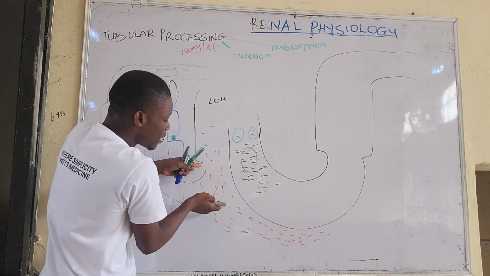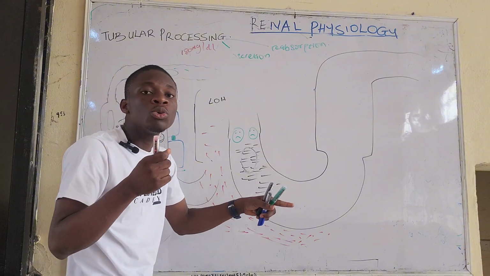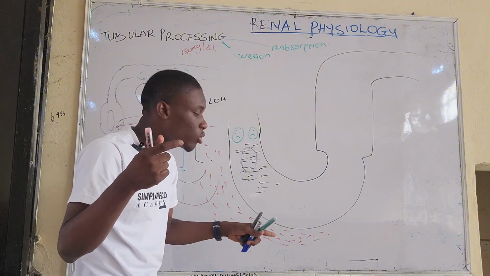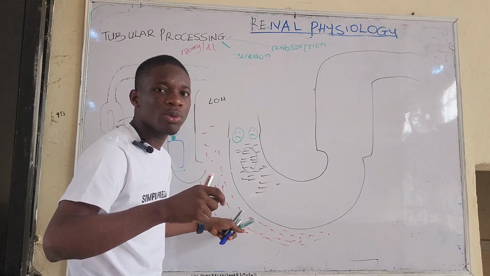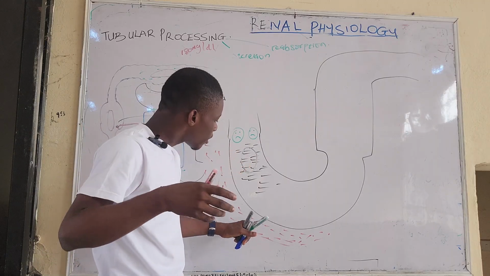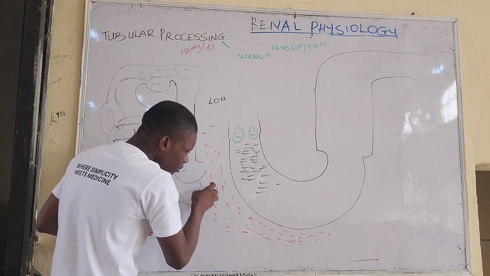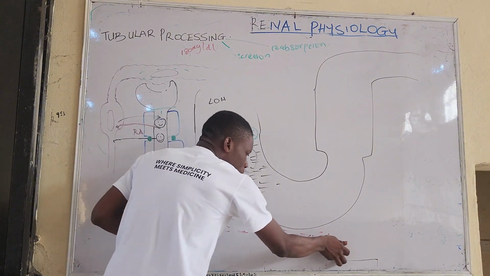So this place is highly concentrated, because when we look at the last part of urine formation, which is urine concentration and dilution, this part we'll use a lot because this is the concept of countercurrent mechanisms. Are you following me? But we are not entering that part yet. We are still in secretion and reabsorption. Now, this part is highly concentrated with solute.